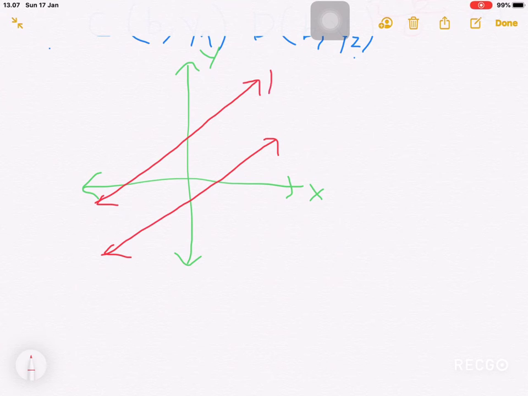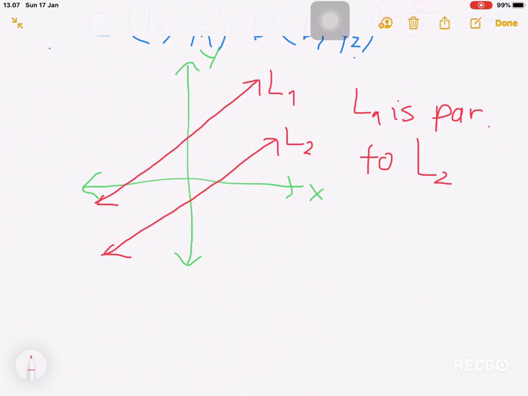We call this line L1 and this line L2. We can say that L1 is parallel to L2. What I mean by parallel is that if you extend both lines in both directions, they will never intersect each other exactly once.